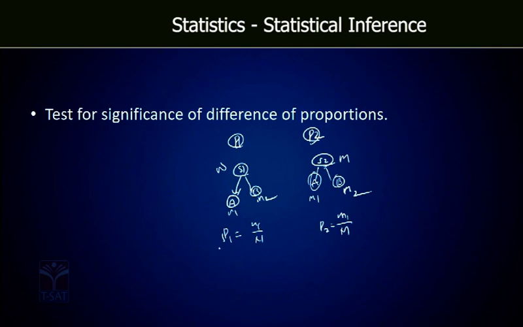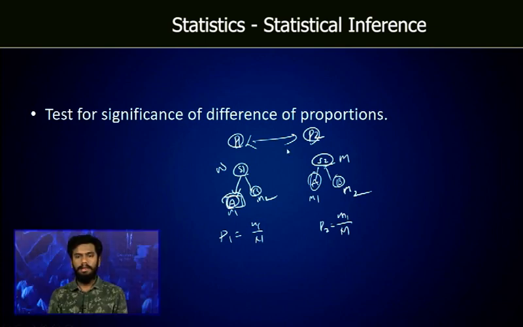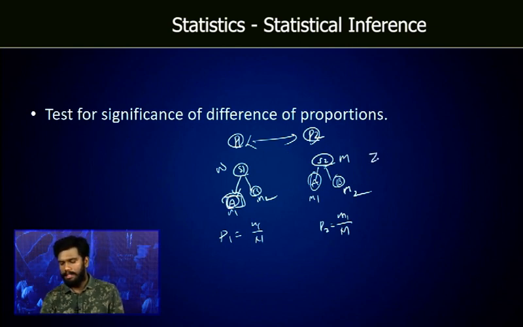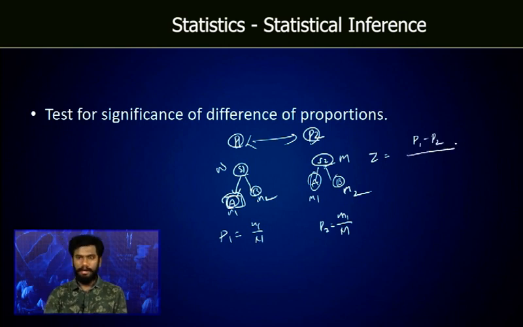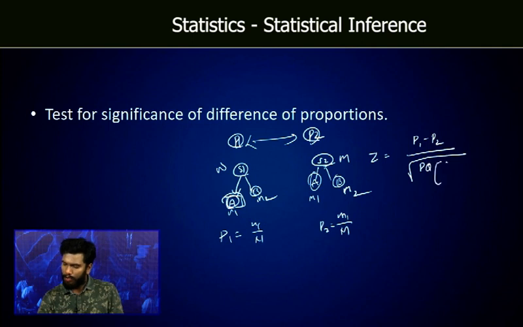Now we have to test whether the proportion of A newspaper readers is equal in both the populations or not. The proportion of A newspaper readers in the 2 populations is the same or not, we have to test. Now how to test here? The Z statistic is given by P1 minus P2 divided by under root PQ into 1 by N1 plus 1 by M1.